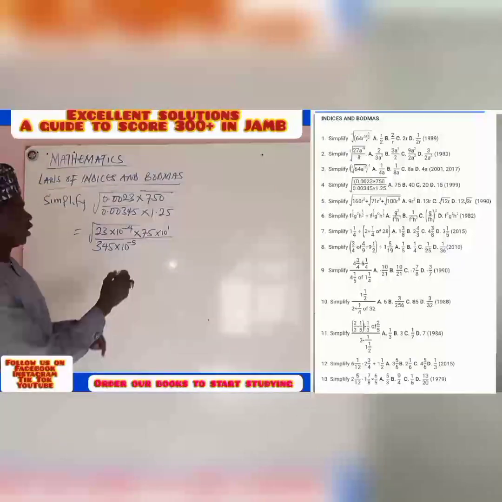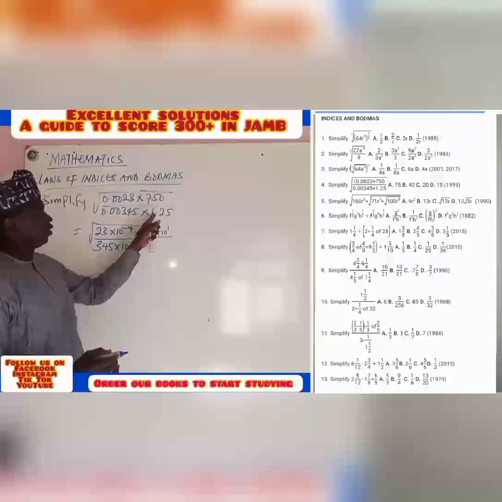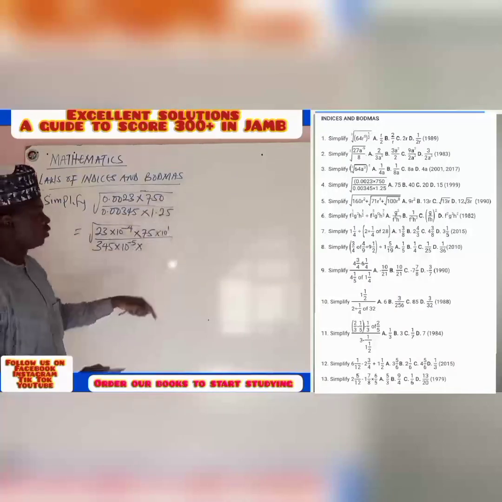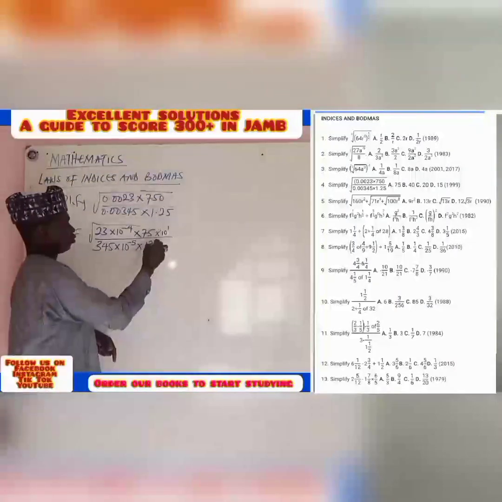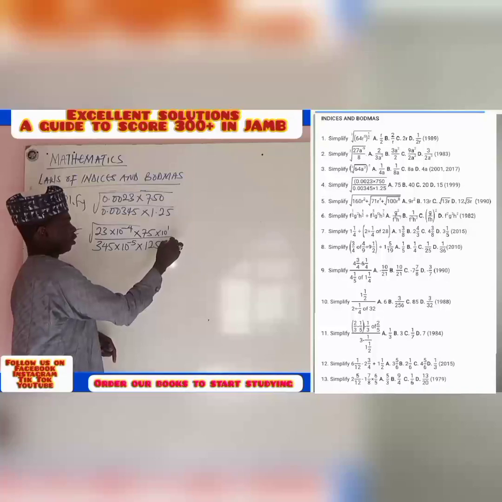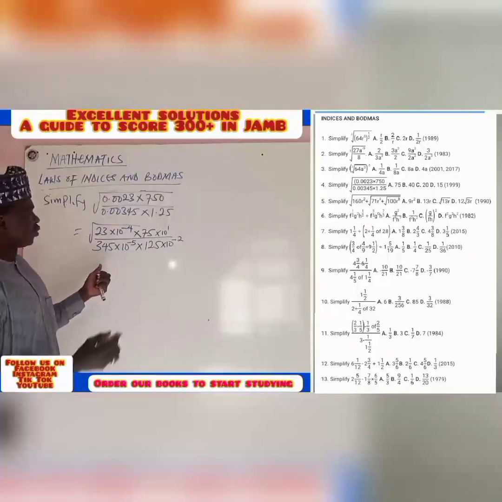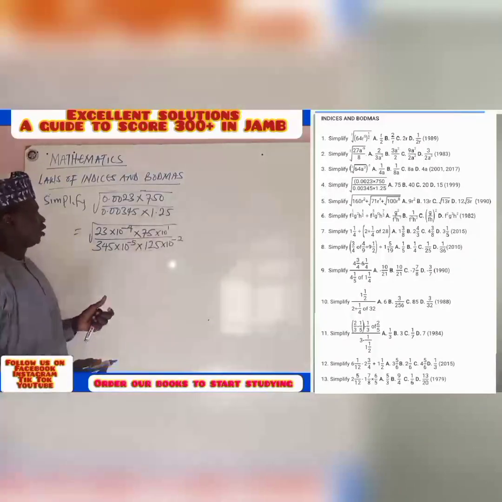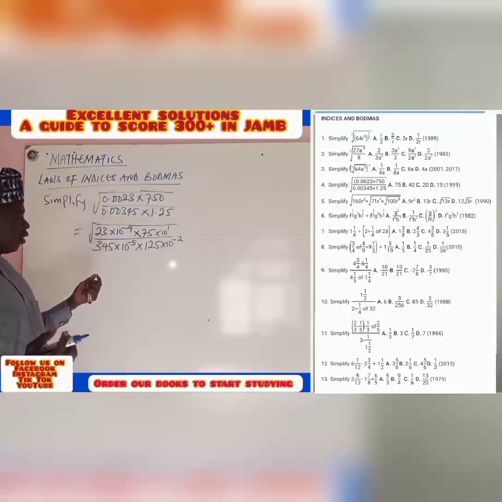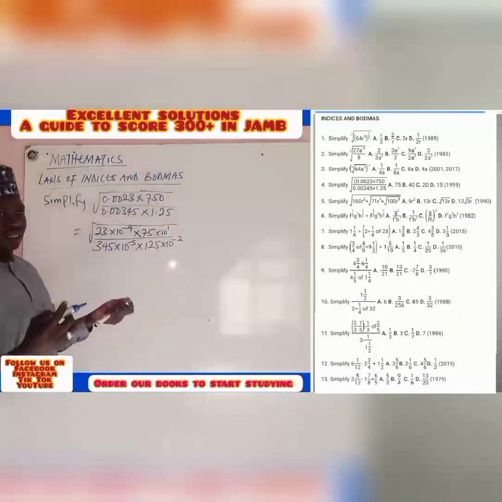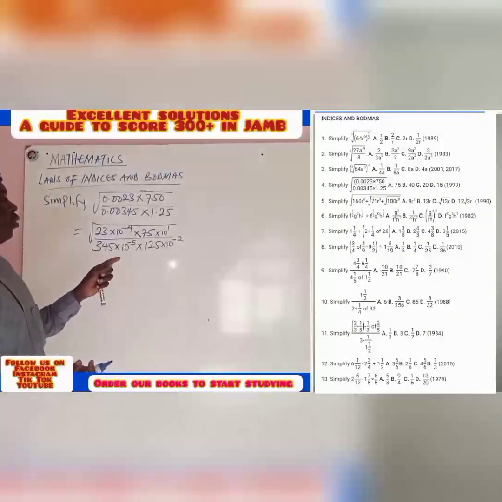And this one we can now say multiply by, we take our decimal point from here, minus 1, minus 2, and leave this one as 125 times 10 raised to power of minus 2. So when we reduce this into this form, we can easily use simple mathematical calculations to get the value of this.